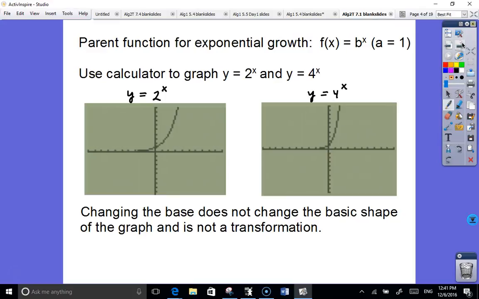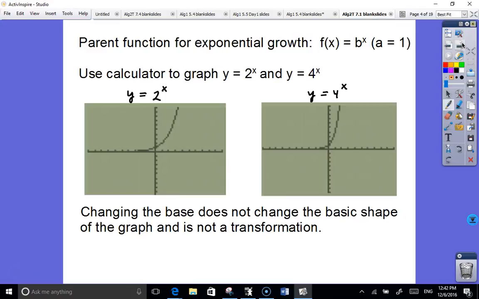So all you've got is b to the x power. And b, for exponential growth, is going to be some number which is bigger than 1. I'm showing you these two, y equals 2 to the x and y equals 4 to the x, just to make the case that whatever is the base doesn't really matter.